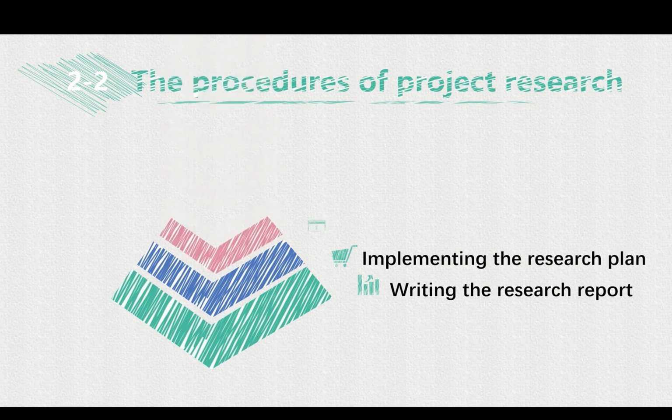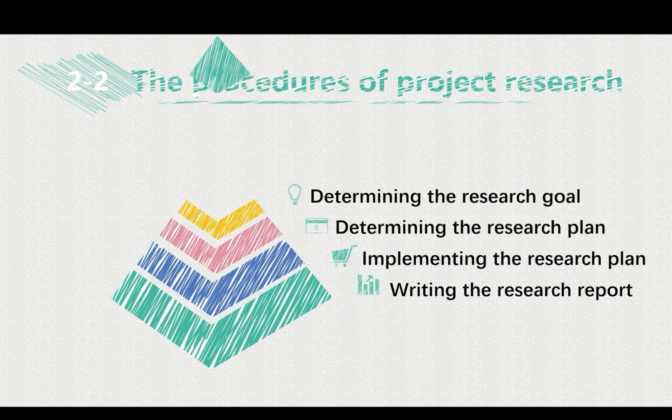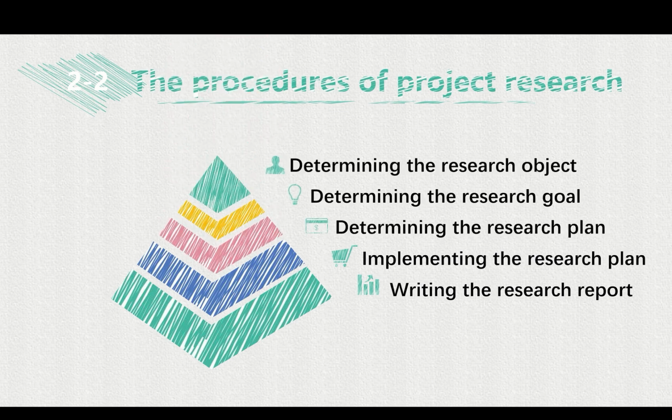Then, the procedures of project research. The procedures of project research mainly include determining the research object, determining the research goal, determining the research plan, implementing the research plan, and writing the research report.